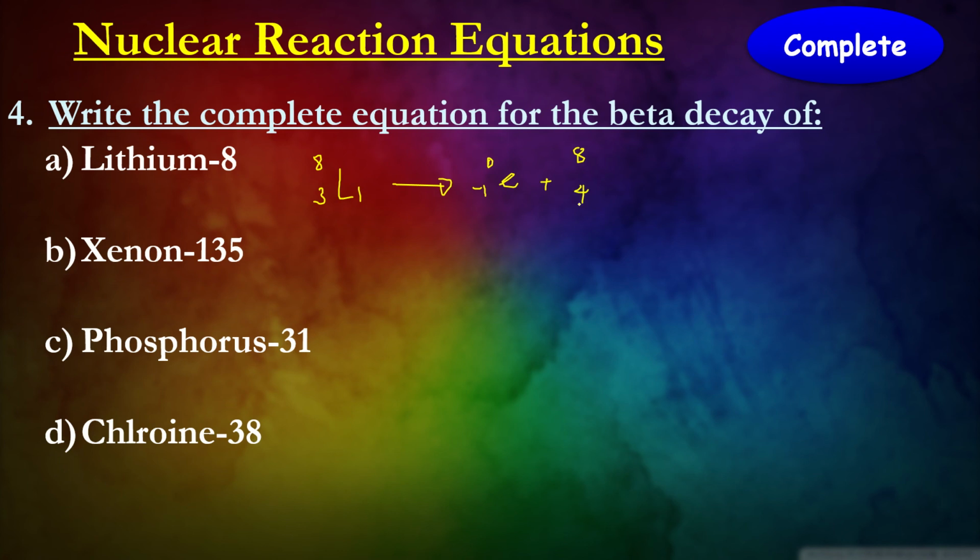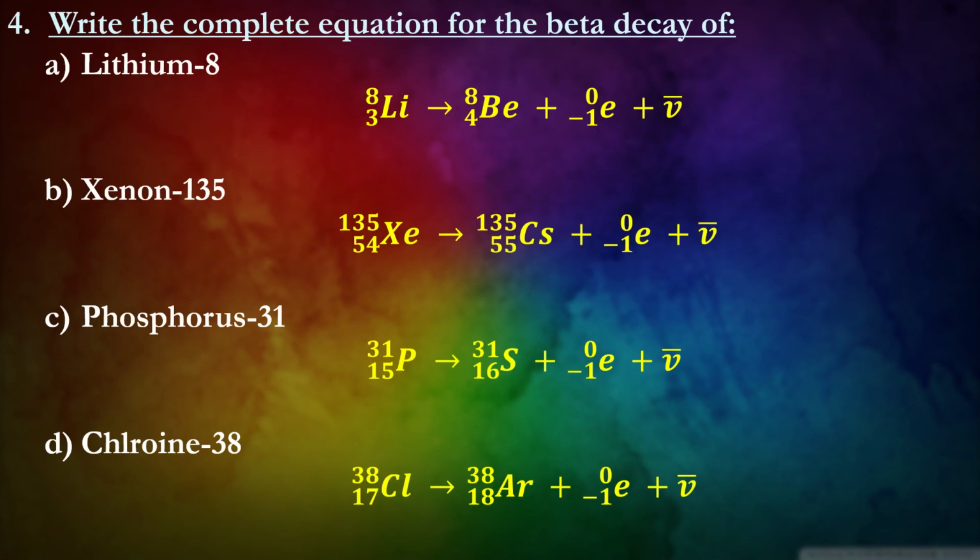It's gone into an atomic number of 4, so that should be beryllium. But don't forget, when we have beta decay, we will form a neutrino as well, or antineutrino. So that's an antineutrino, which was one of the elementary particles, and so that's what we have there. Okay, so there you go.